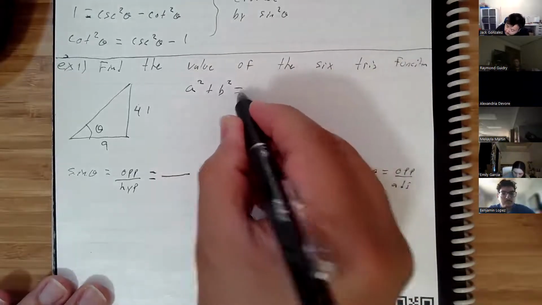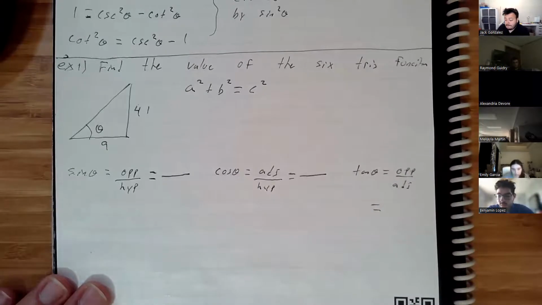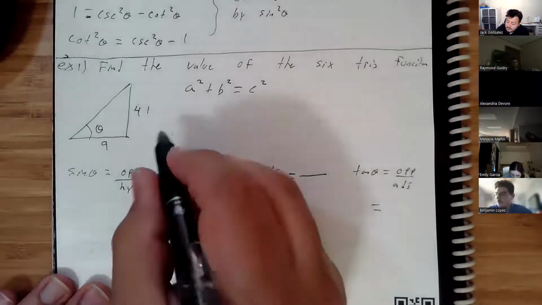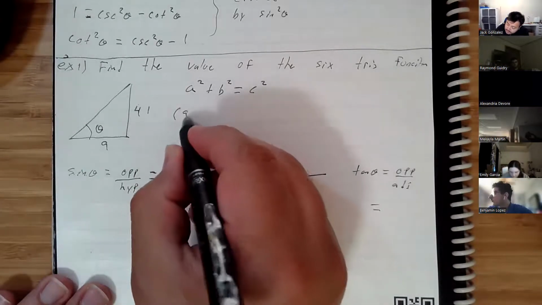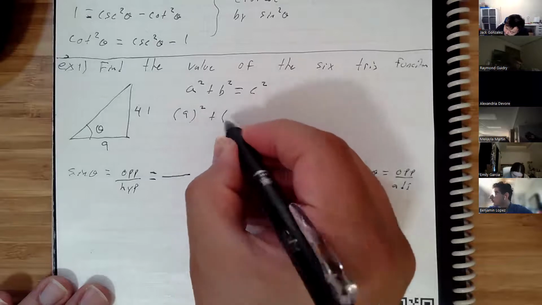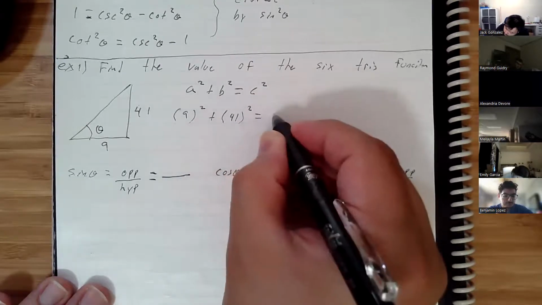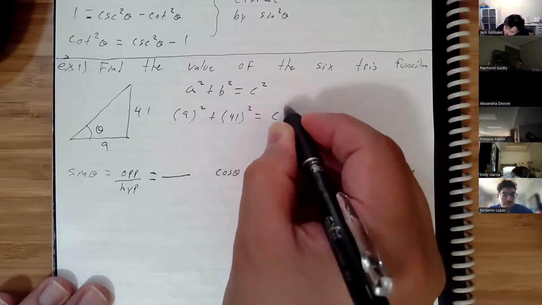So eventually we won't have right triangles. Okay. So again, doesn't matter which one's A. I'm just going to plug in the 9 in there. Plug in the B. Solve for C.